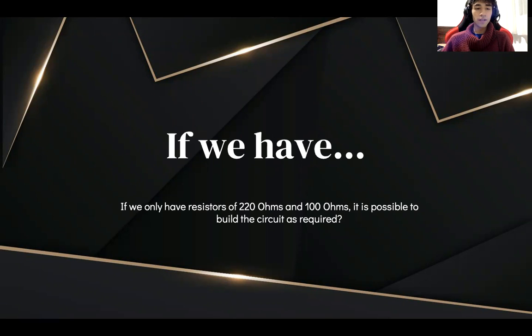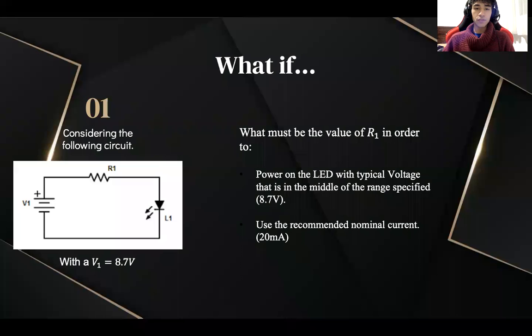Okay, for this question now, if we only have resistors of 220 ohms and 100 ohms, is it possible to build the circuit as required? The answer is yes, if we can use two resistors in series.